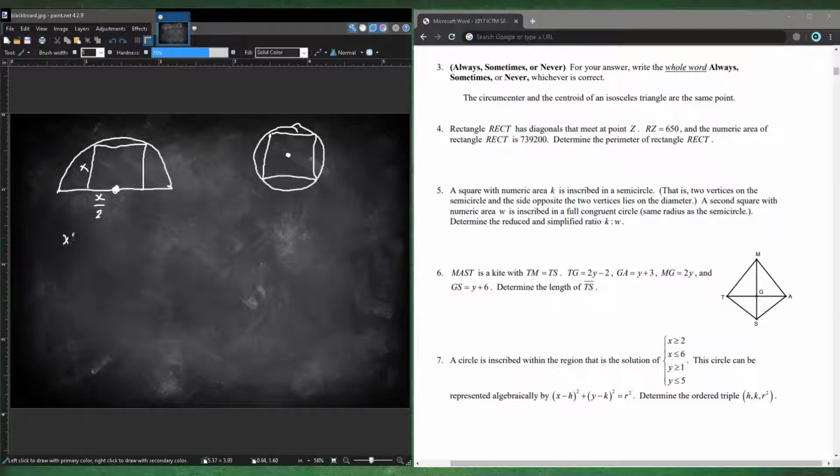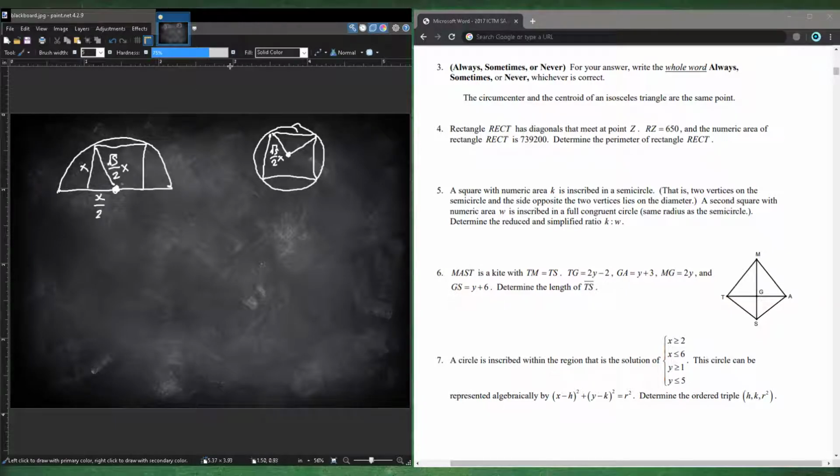So that's x squared plus 1/4 x squared, which is 5/4 x squared, and then take the square root, which is square root 5 over 2 x. So your radius is square root 5 over 2 x, which is the same case here, because it's the same radius.